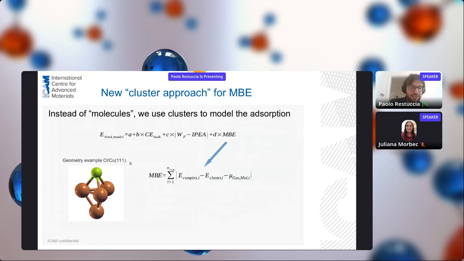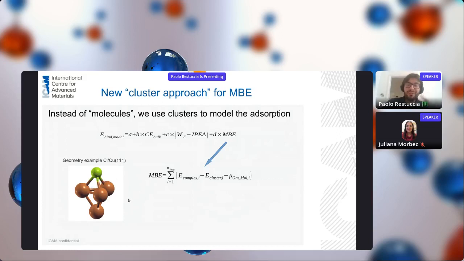And here again is an example for the chlorine on copper system. Here the single metal atom is replaced with a small cluster that resembles the adsorption site of the system. So in this case, for example, this system resembles the adsorption of a single chlorine atom on a hollow site of a copper 111 surface.